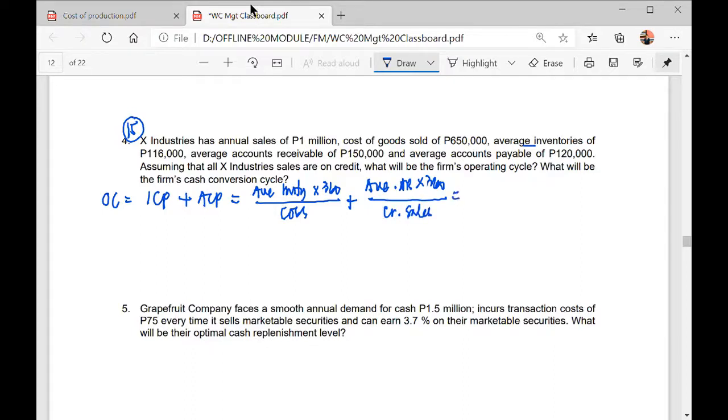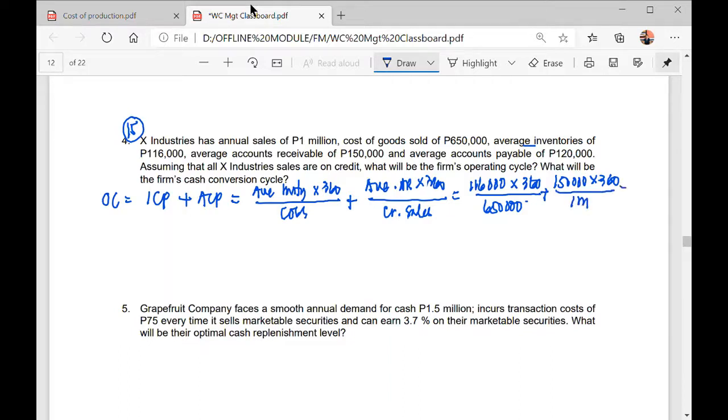So substitute, average inventory is 116 times 360 divided by 650,000, plus you have 150,000 times 360 over 1 million. Okay, what is the answer?